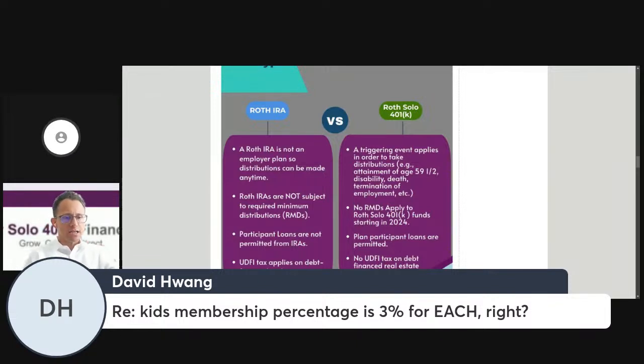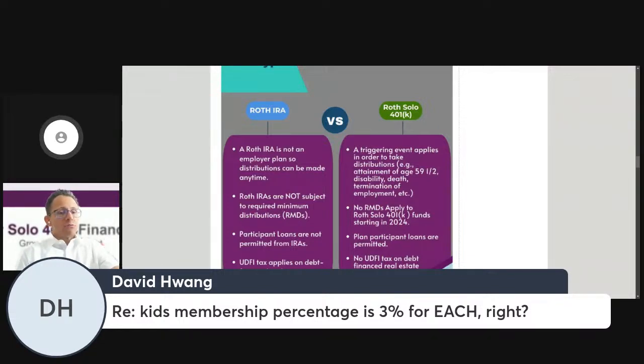We'll do live calculations like we did here using our solo 401k contribution calculator, except next week, we're going to switch it up and we're going to do some calculations for those who are looking to maximize their Roth solo 401k contributions by making employee Roth solo 401k contributions, as well as employer Roth solo 401k contributions, in addition to the Roth solo 401k super catch-up contribution for 2025, which is $11,250 for those who are age 60, 61, 62, or 63.